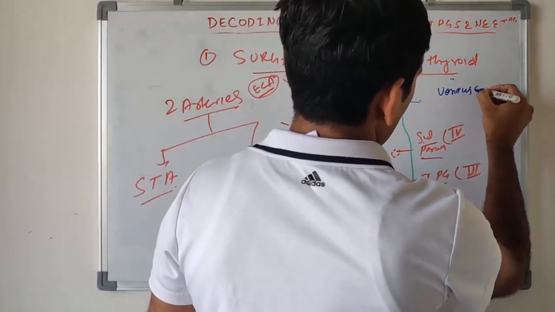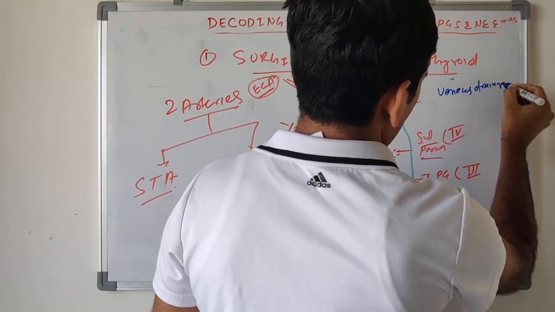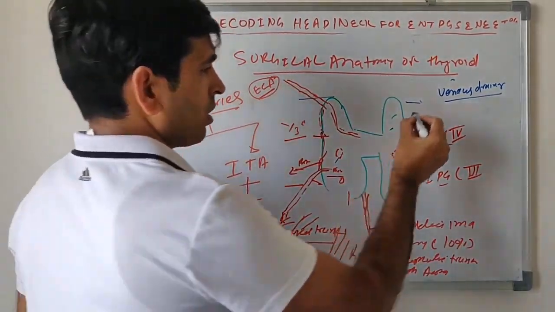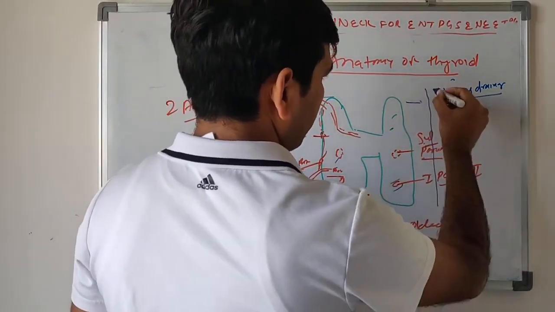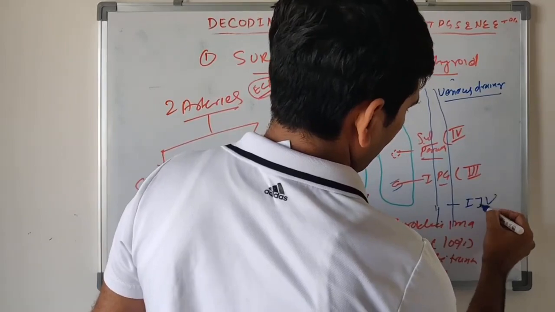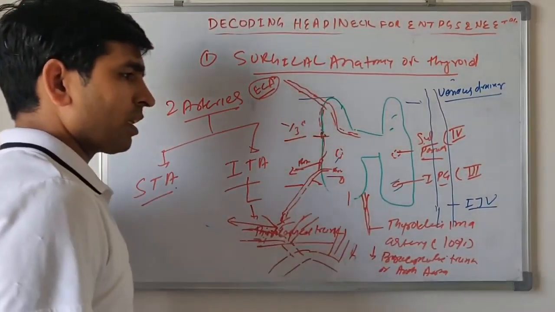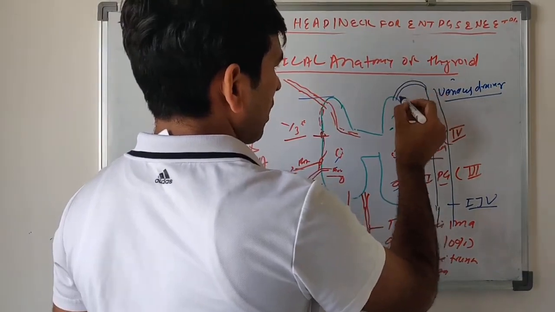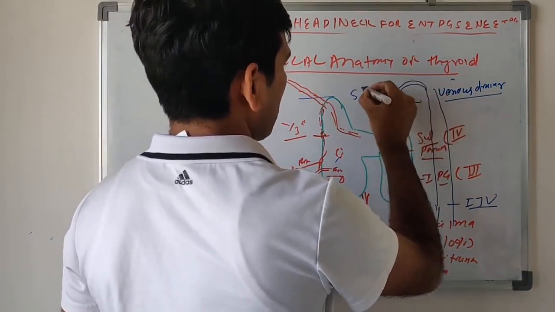Venous drainage of the thyroid. This is the IJV, posterolateral to the thyroid. One branch coming with the superior thyroid artery is called the superior thyroid vein.